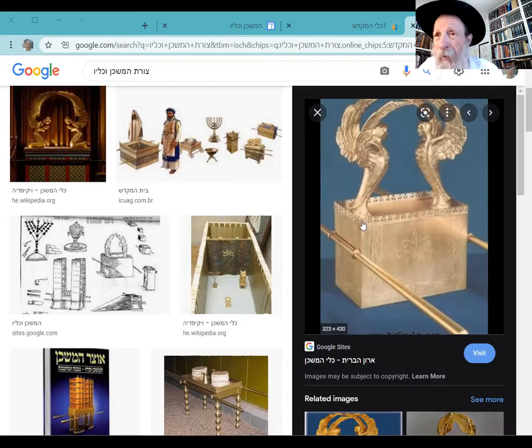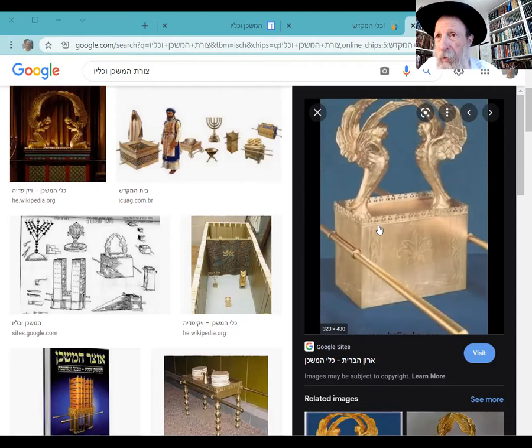That's the box. But here we have the covering of the box. That's called the Kaporet, and the Kaporet is a separate entity. Some people say it's even a separate vessel. In any case, the Kaporet was one big piece of gold, pounded out from the inside to make these two statues come out of it.